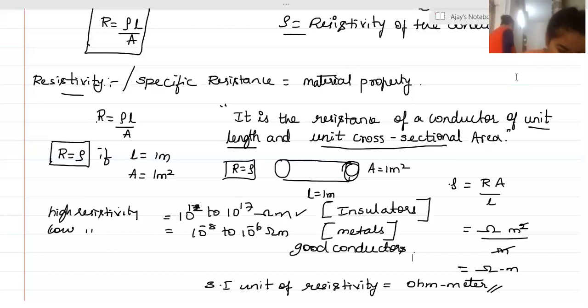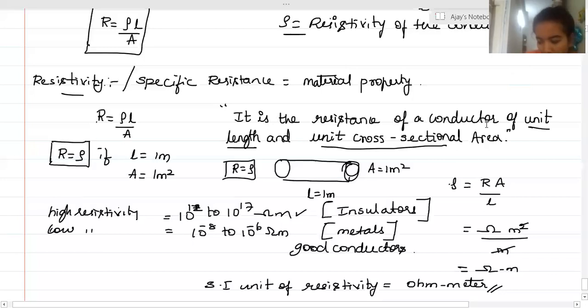Then symbols have to be drawn, and all the definitions: definition of current, potential difference, potential, resistance, resistivity, and formula, and problems we have solved.